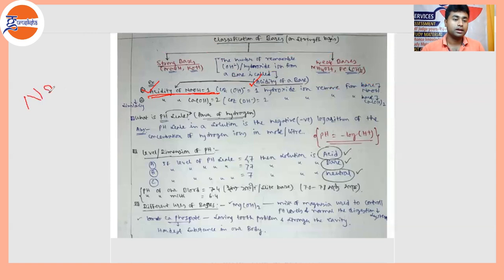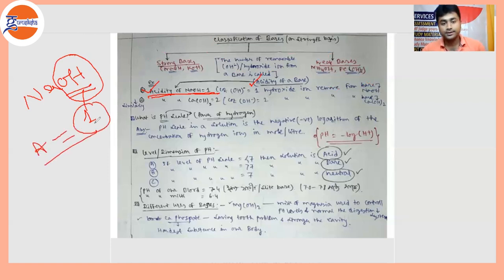In NaOH you can see one OH bond is present. So definitely, as the acidity of a base is the number of OH hydroxide ions, the acidity of this base is 1.